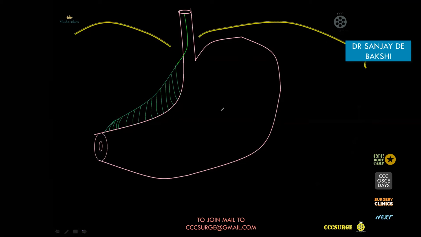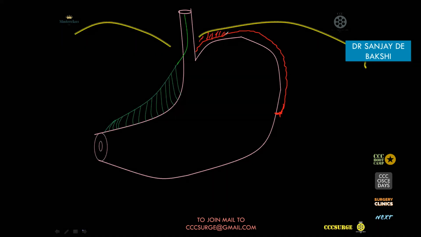So essentially, the dissection that you've done is that's the left gastroepiploic. So you've removed that and you've taken it all the way out here, right up to here, which meant basically that you will have tributaries from the inferior phrenic out here as well. So you need to remove that completely. Okay, that has been completely denuded.